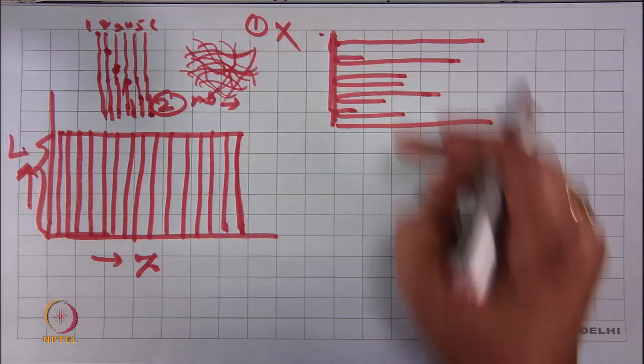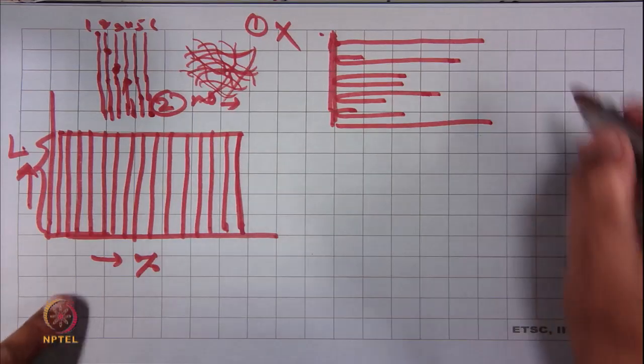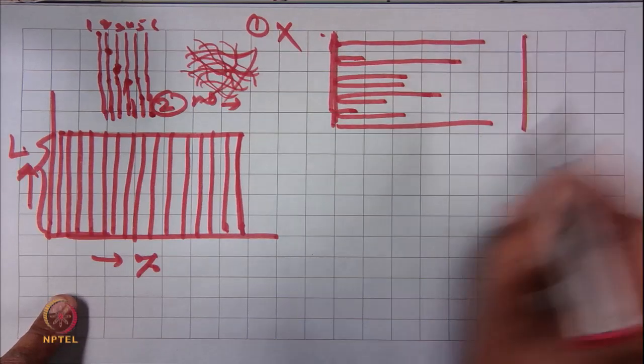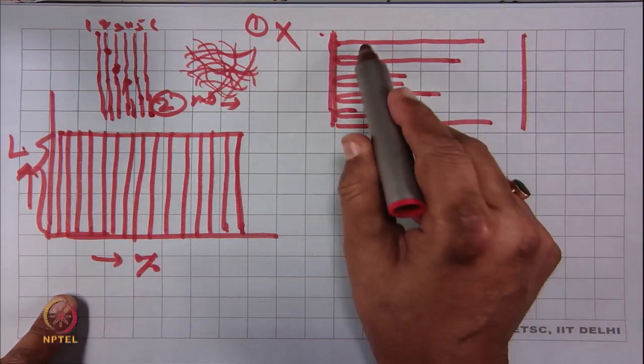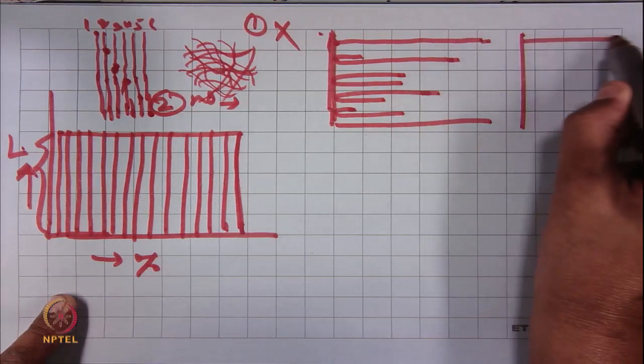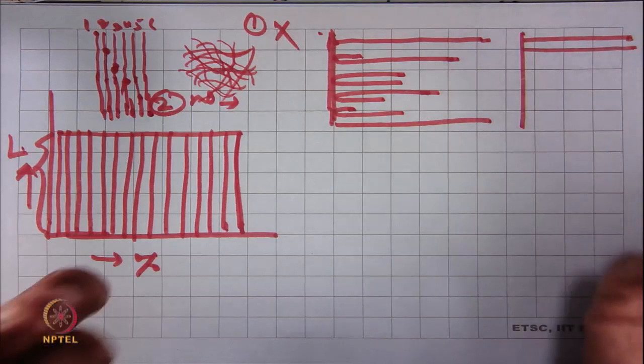Now, we rearrange these fibers based on length. These two fibers are the longest fibers, suppose 2 fibers, it can be 3 fibers.